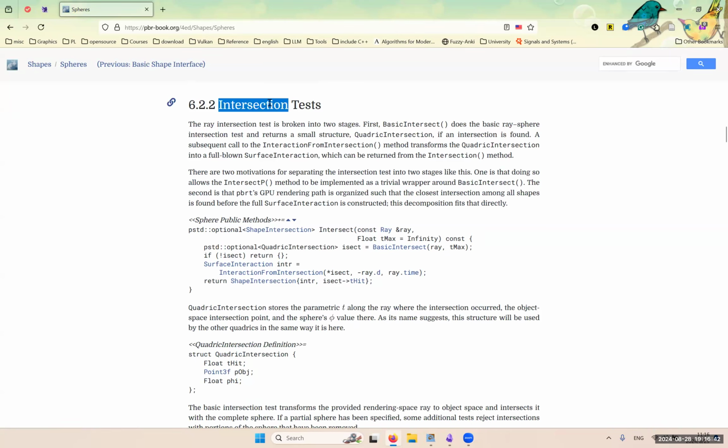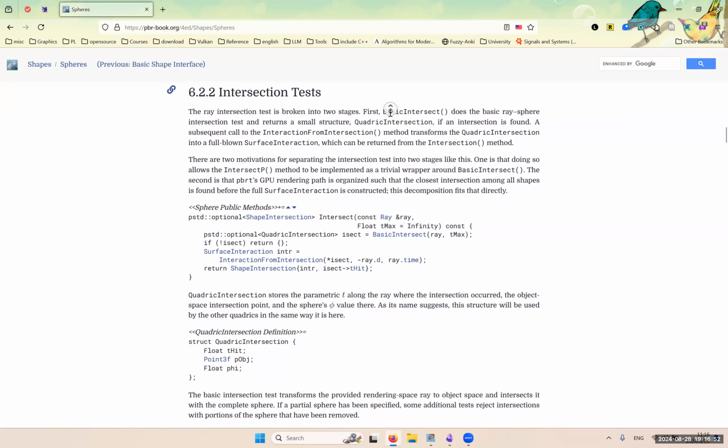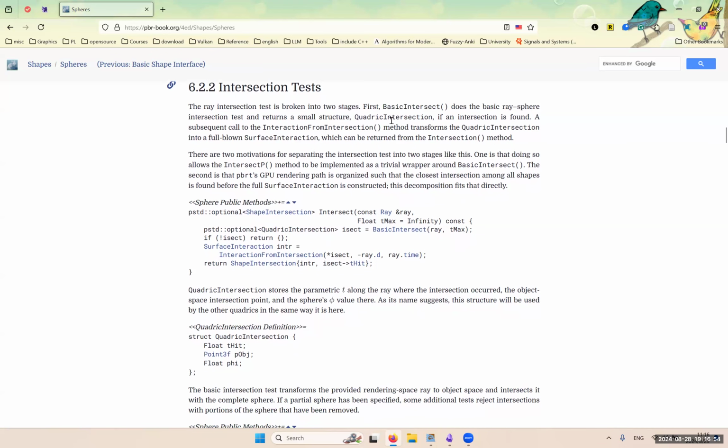Intersection tests: they have a basic intersection method, and an interaction-from-intersection method that transforms the intersection into a full-blown surface interaction.